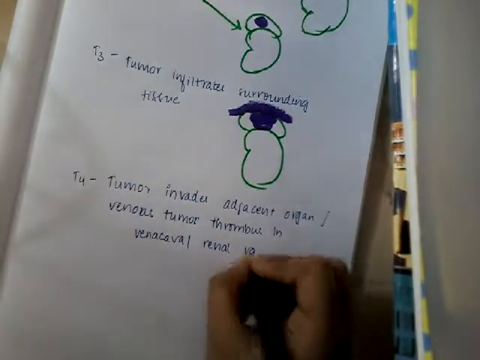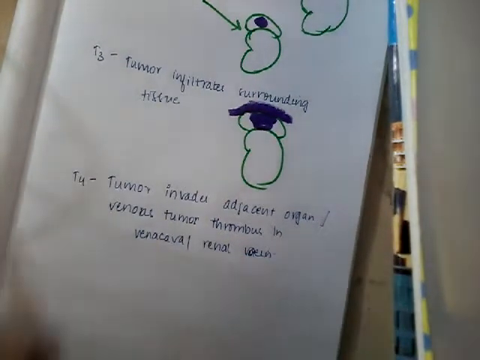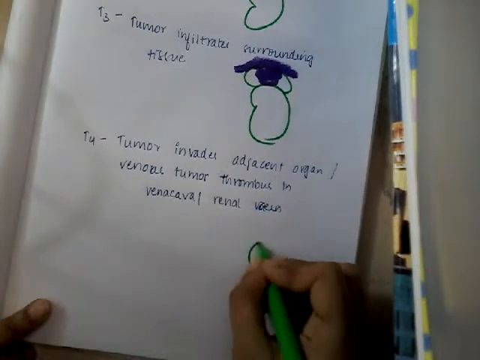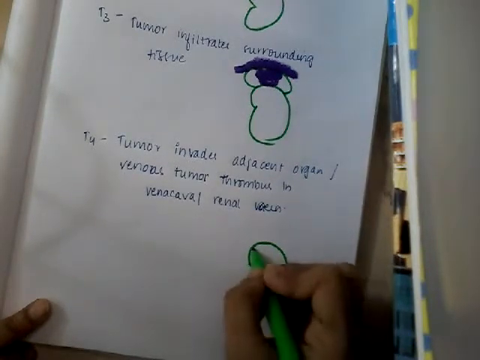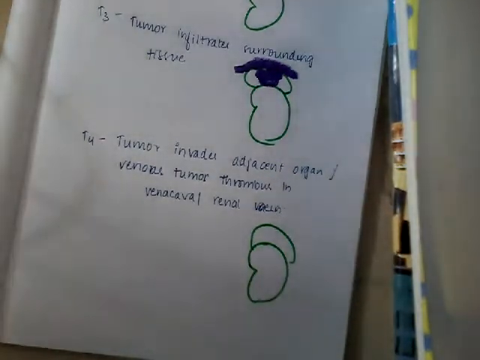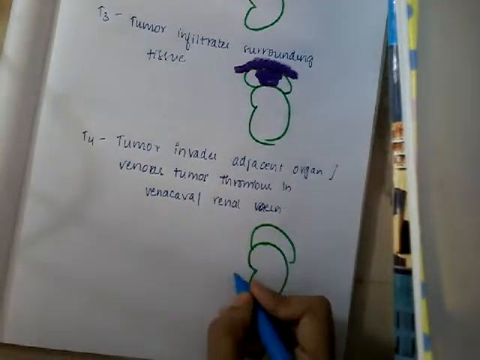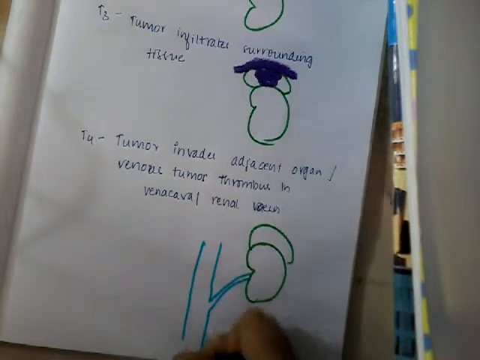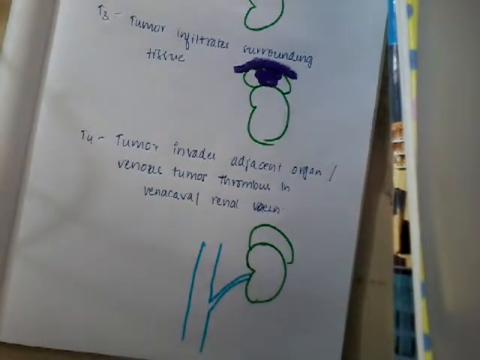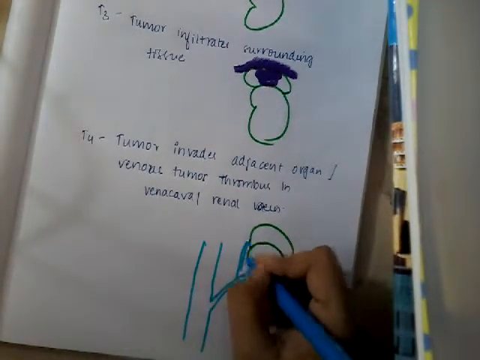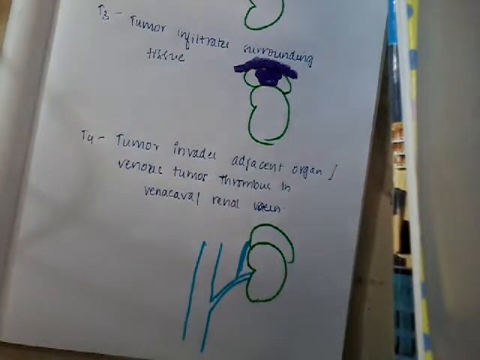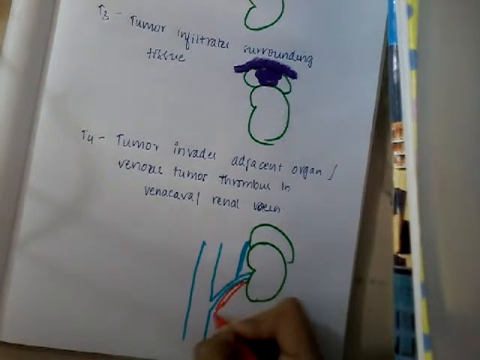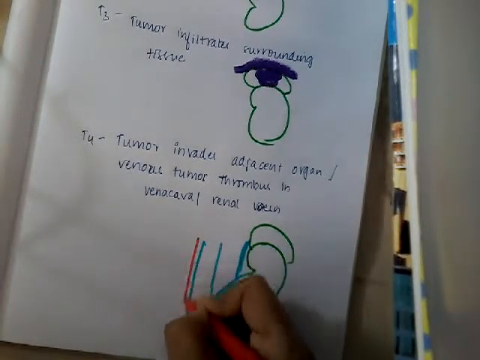If this is the kidney, this is the adrenal gland, and this is the renal vein going into the inferior vena cava. This is the suprarenal vein draining into the renal vein, and this is the renal artery, which is draining into the aorta.